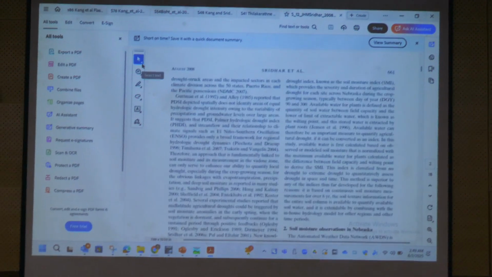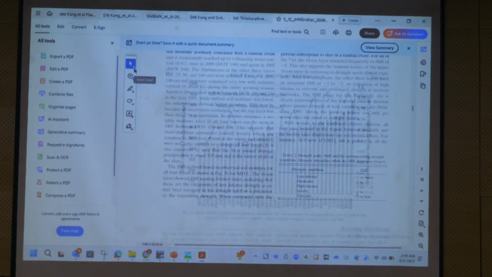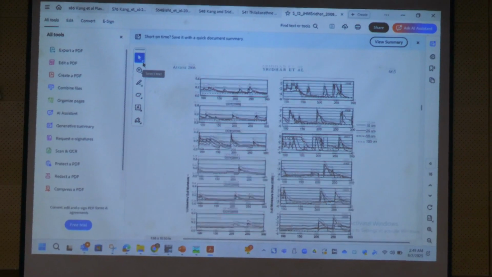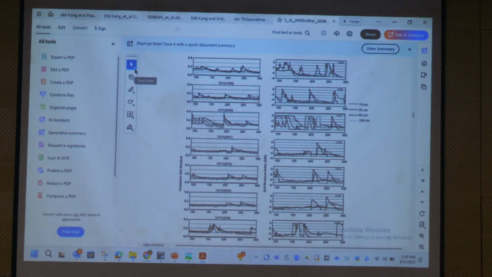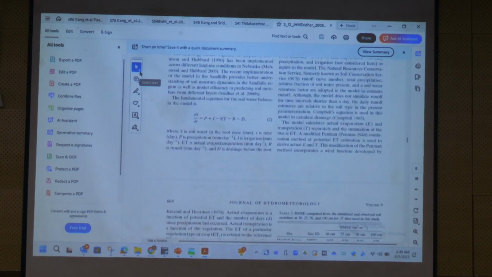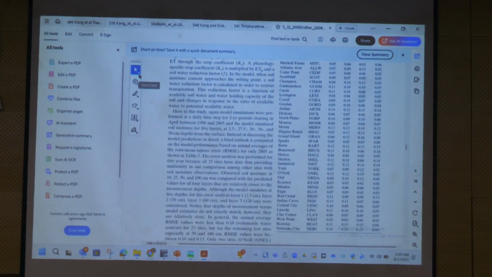But this paper is very interesting because we were able to showcase how soil moisture is used in combination with models, not so complicated to understand, but you may be able to use this for predicting drought.